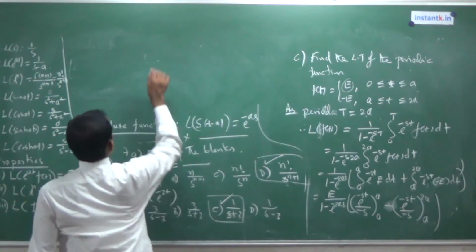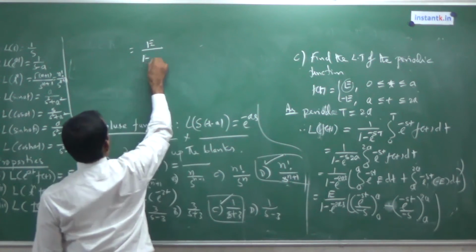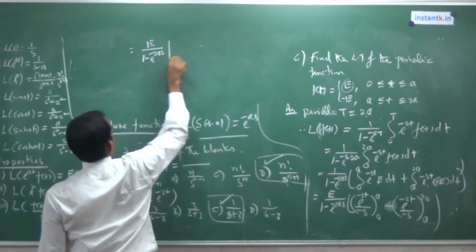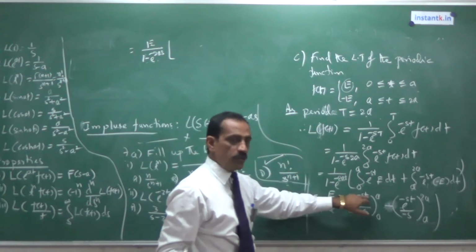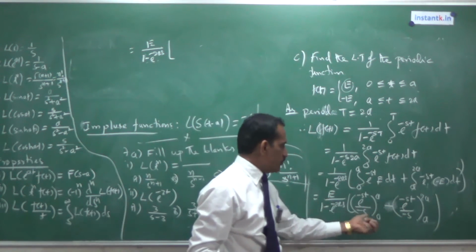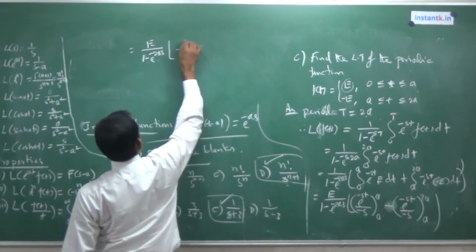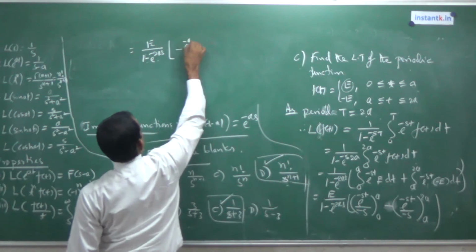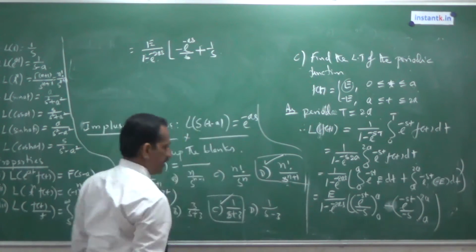That is E by, the denominator is 1 minus e power minus 2as, into, if you put the upper limit, what do you get? E power minus as by s. The lower limit is e power 0, which means 1 by s; minus of minus gives plus. So it is minus of e power minus as by s minus of minus plus 1 by s we get.